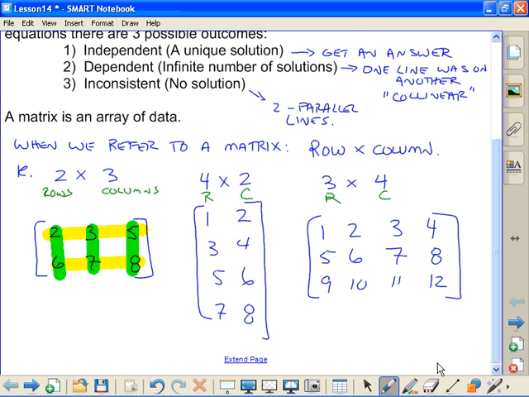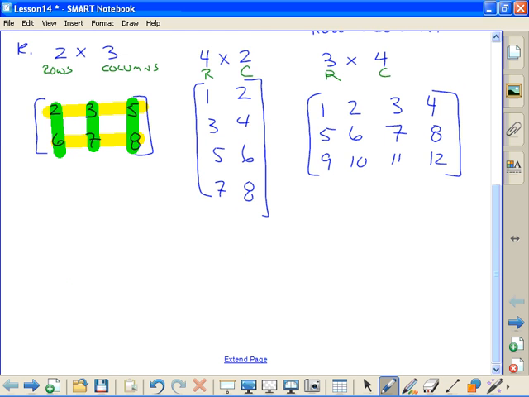All right, and inside each matrix we have what are called elements. For example, using the 2 by 3 here, we would have element 1,1, 1,2, 1,3, 2,1, 2,2, 2,3.